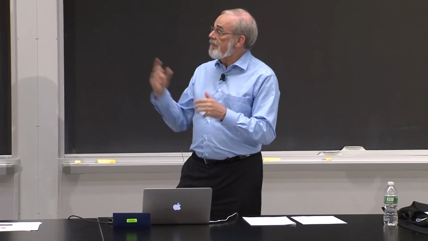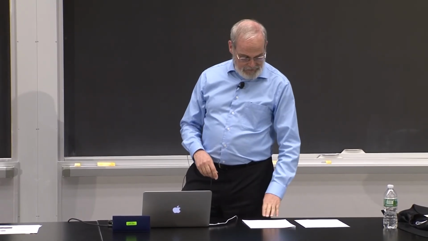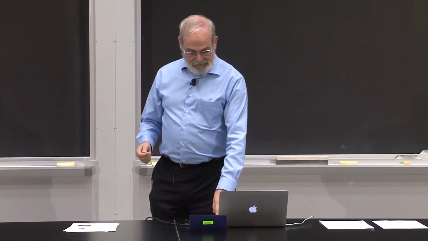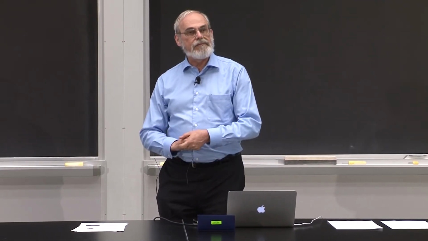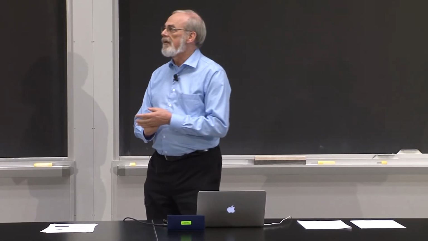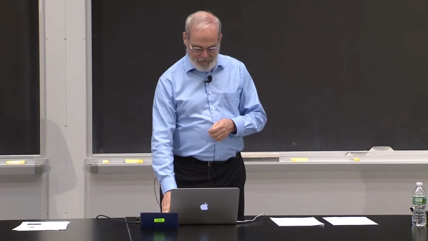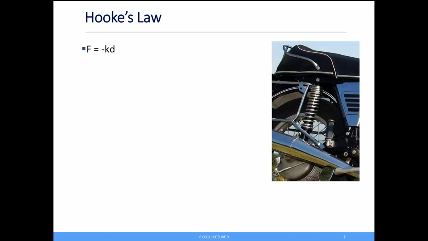But the idea is we'd like to think about how we model these kinds of springs. Well, it turns out, fortunately for us, that that was done about 300 plus years ago by a British physicist named Robert Hooke. Back in 1676, he formulated Hooke's law of elasticity. It's a simple expression.